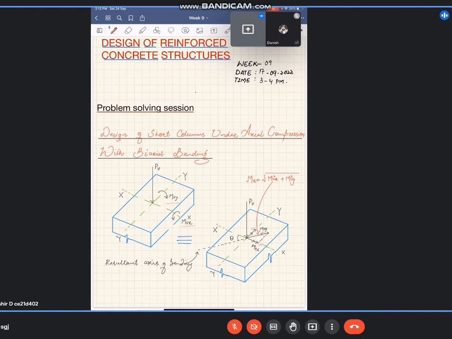The direction of the double-headed arrow follows the right hand rule: if you curl the fingers along that axis, the direction of the thumb shows you the moment. So here you can see that MUX and MUY are orthogonal vectors, so their resultant is given by the square root of MUX square plus MUY square.